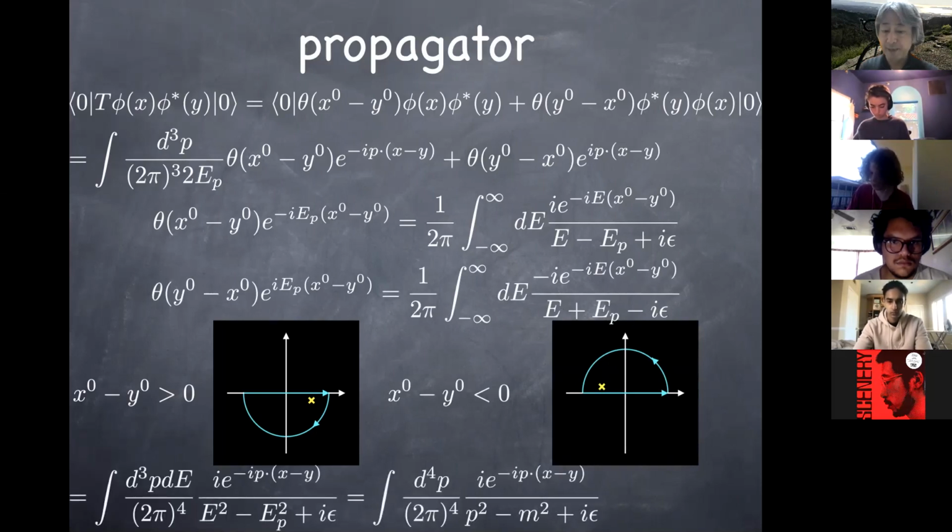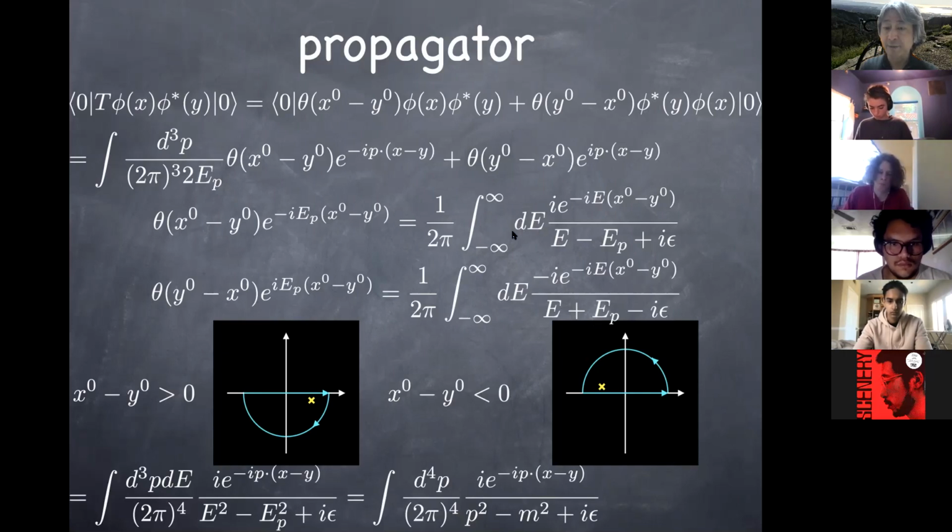That's nothing but p, the four-momentum, squared minus m squared. So by summing these two pieces, I get a manifestly Lorentz invariant expression. And the numerator, when you sum these two up, is 2E. That precisely cancels this 2E in the denominator so that I don't have any 2E factor downstairs.